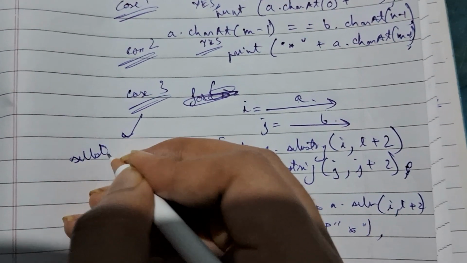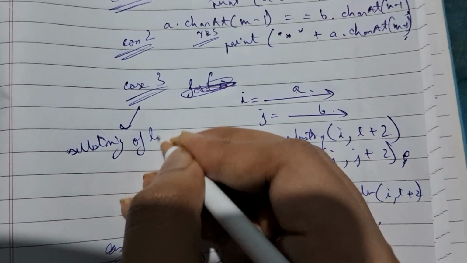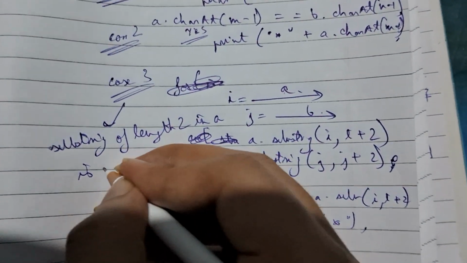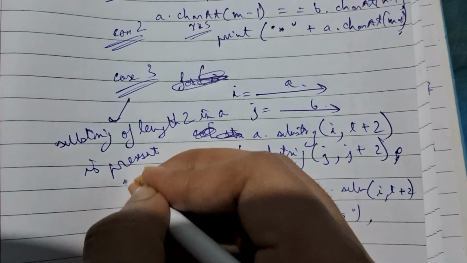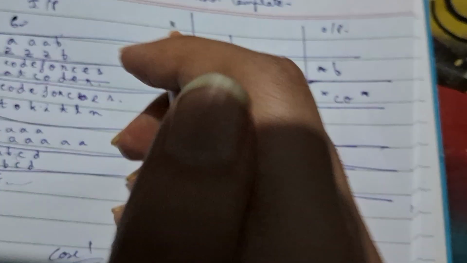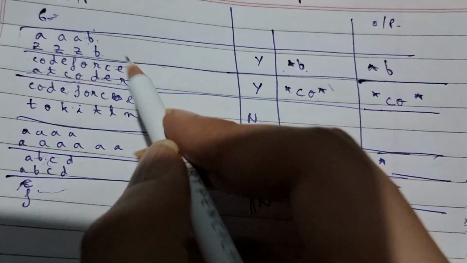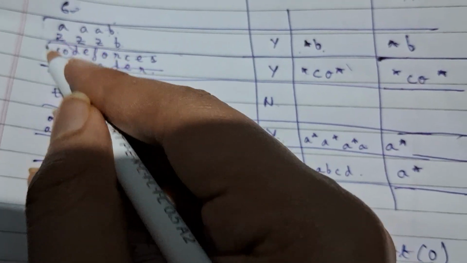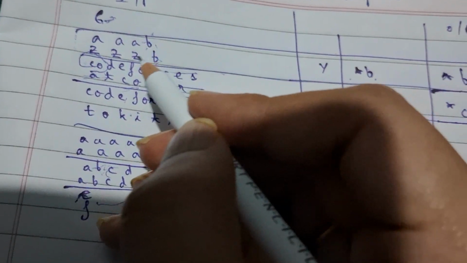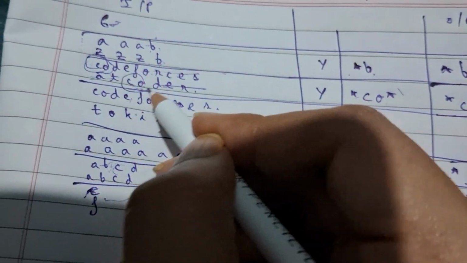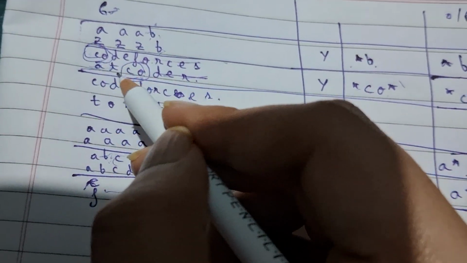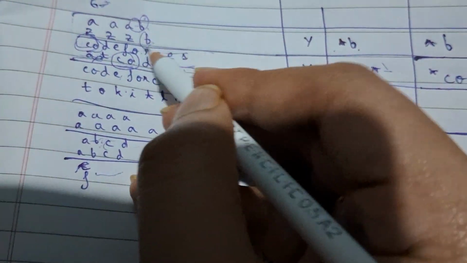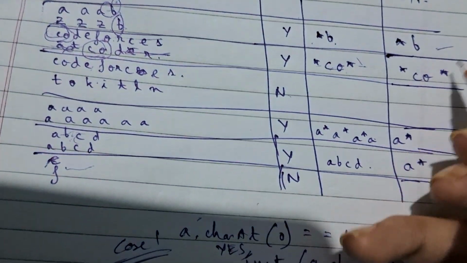See, in this case, CODEFORCES and @coder, there is a substring of A of length 2, that is CO, which is present in CO, right? So CO star over here, star over here, CO star over here. Last elements are equal, so star and B, right?